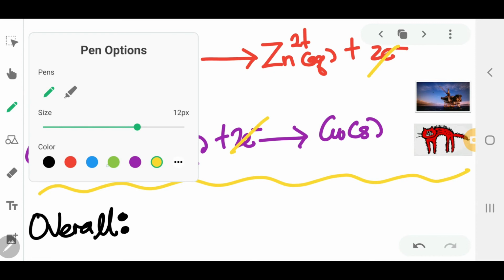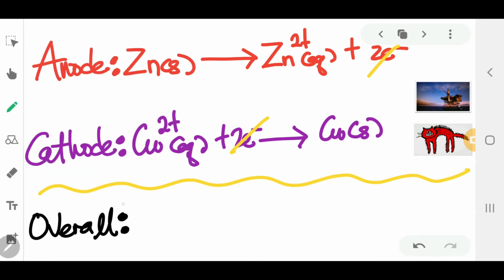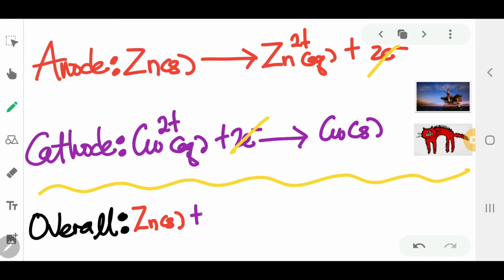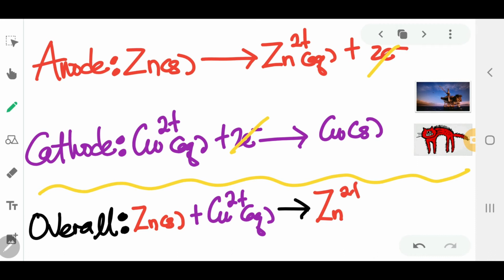When you combine them, you'll get zinc solid plus Cu2 plus aqueous, giving zinc 2 plus aqueous plus copper solid.